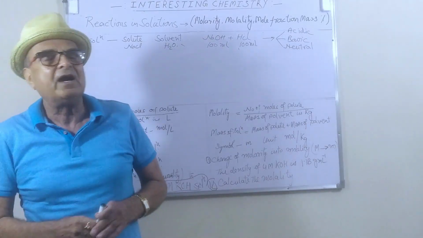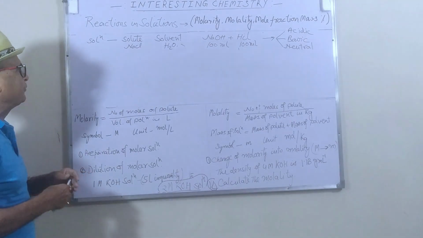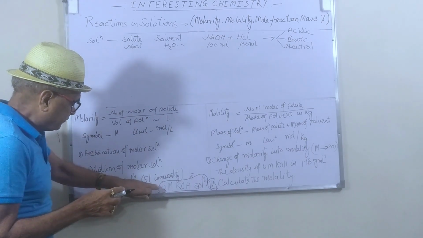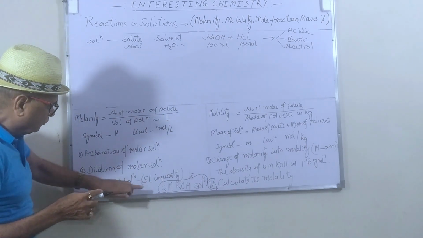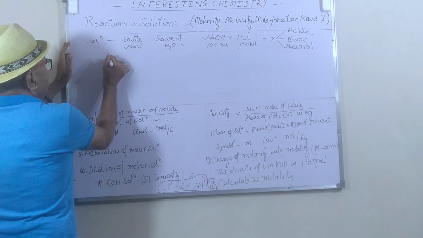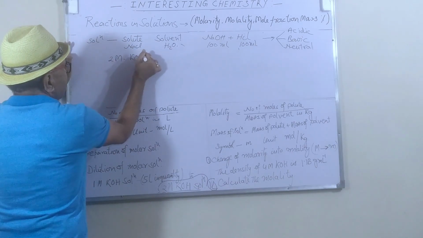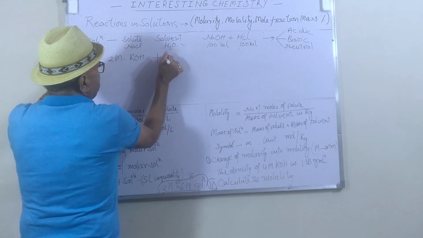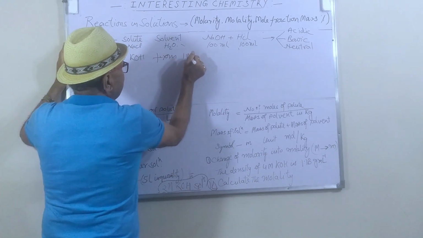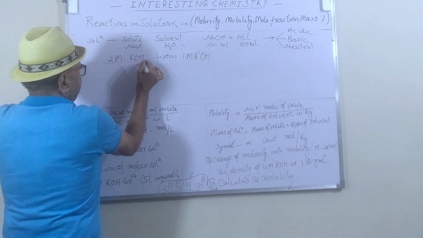So here I have a question: change a 1M KOH solution to 0.2M. You have to prepare 0.2M KOH from 1M KOH. This is the question.